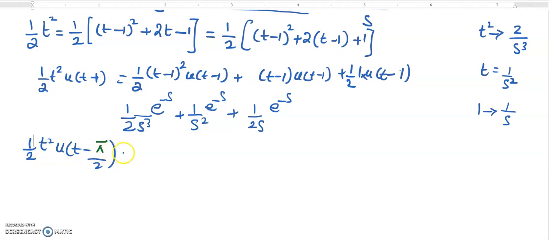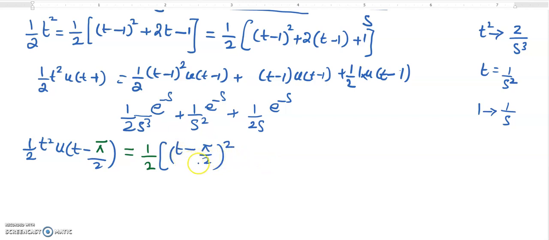In this case we can write 1 over 2 t squared, so 1 over 2, and then in place of t we can write t minus pi by 2 squared.